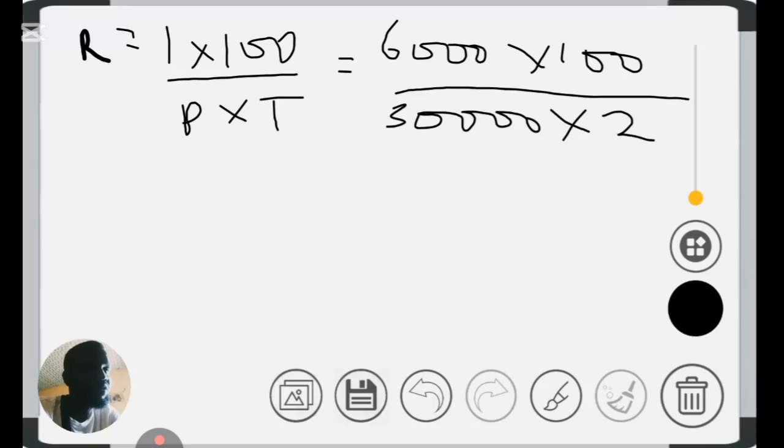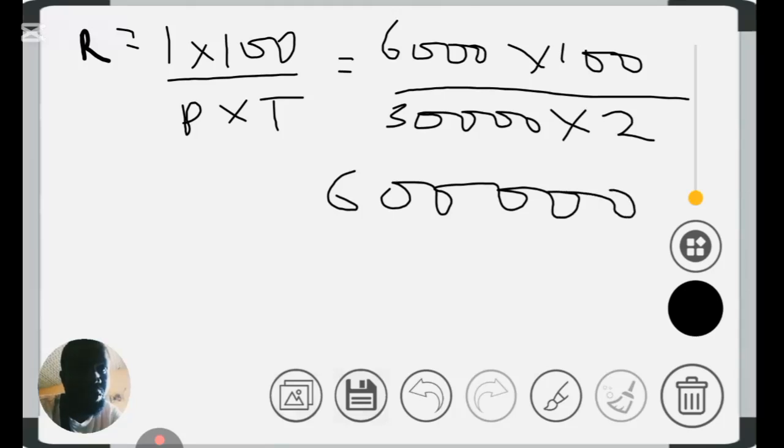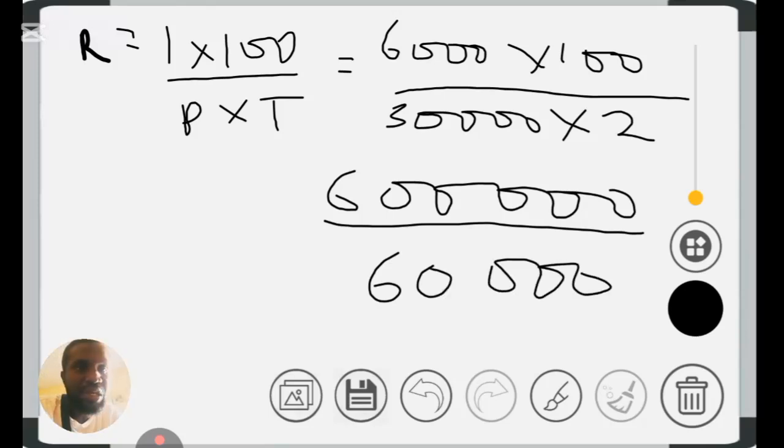So let's solve. Now 6,000 times 100 is going to give you 600,000 naira, all divided by 30,000 times 2, which is going to give us 60,000 naira.